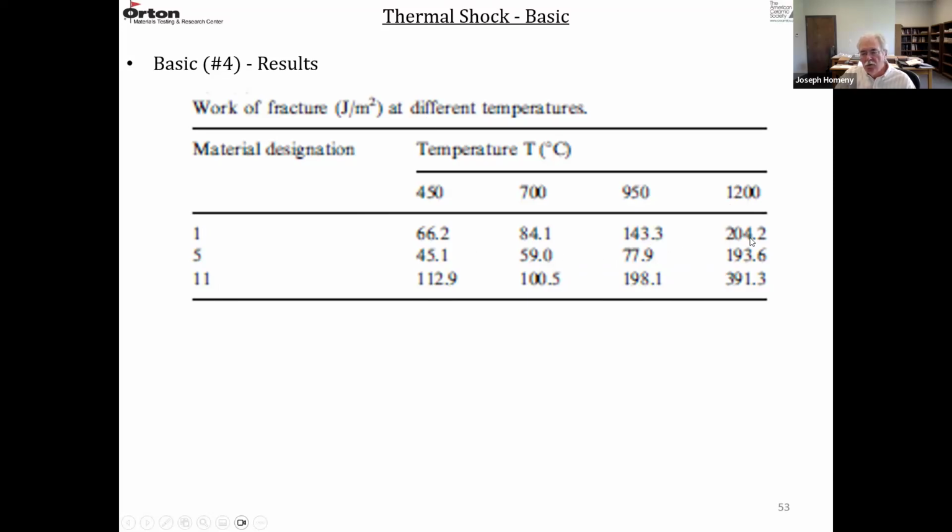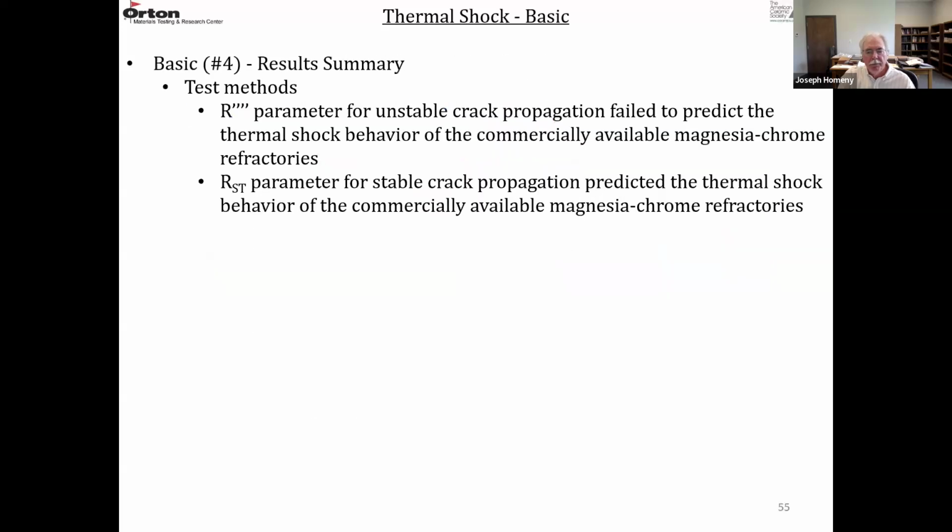It's 204, roughly 4 times higher. 45 here, 193 again, roughly 4 times higher. About 100 here, about 400 here. So usually about a 4-fold increase on these materials. And that's because of the formation of the viscous silicate glasses in this temperature range. It actually starts forming at lower temperatures, more like 950 in some of these materials. So work of fracture is increasing as a function of temperature.